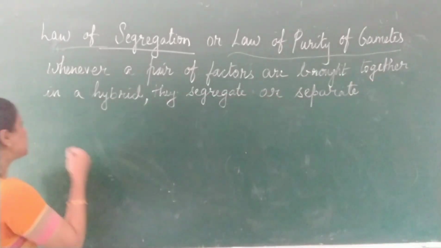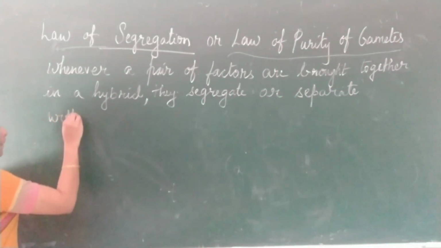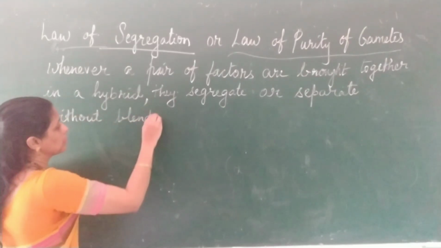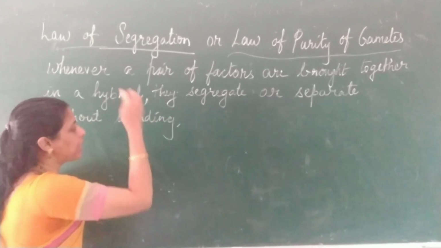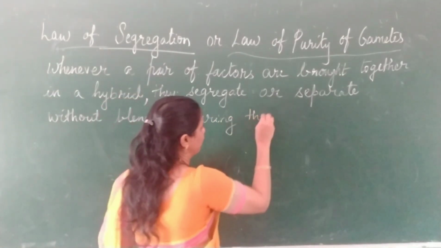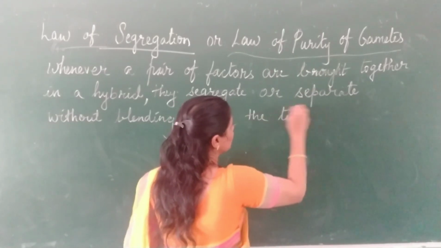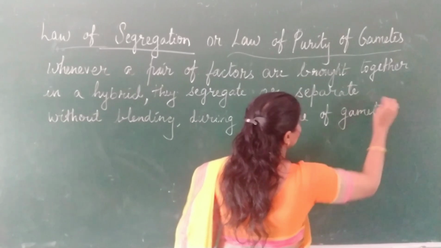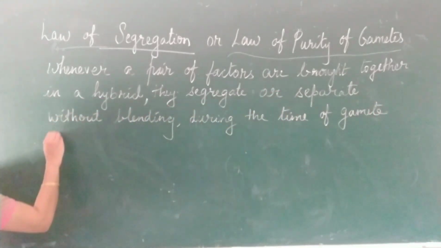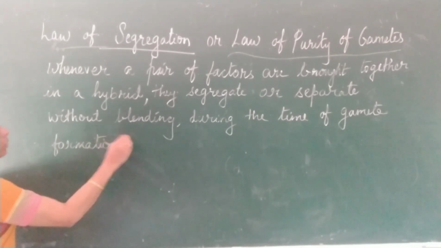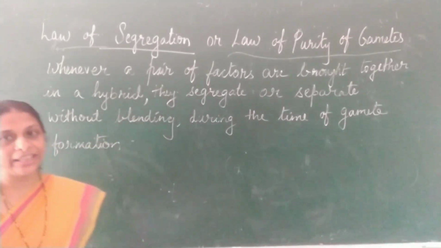How do they segregate? Without blending. During gamete formation. Very important law, that is law of segregation.